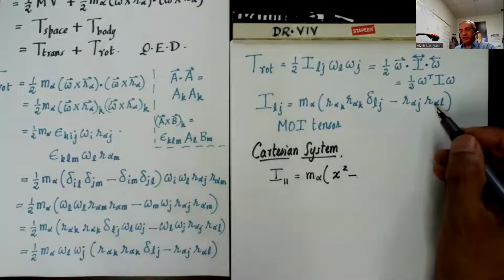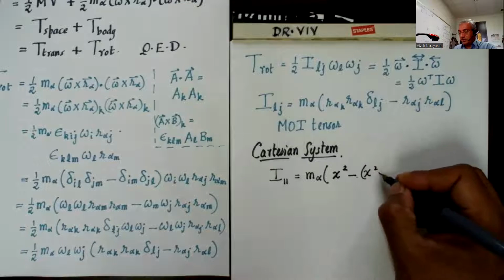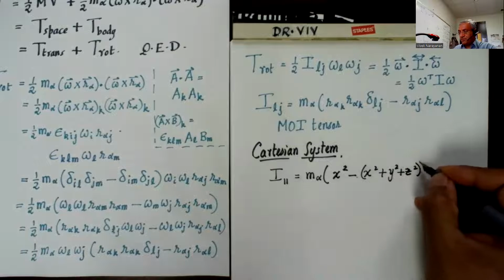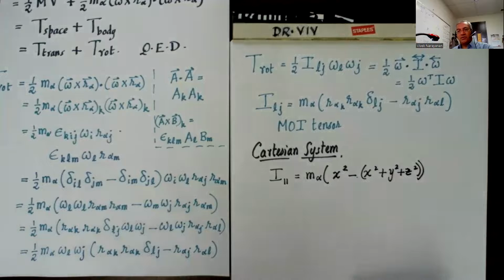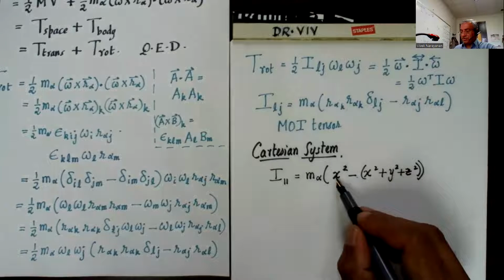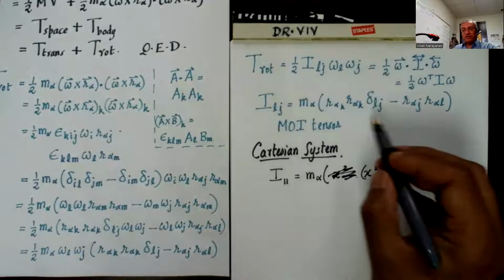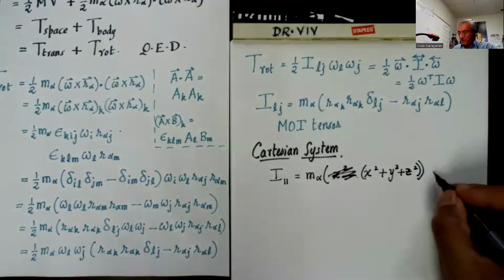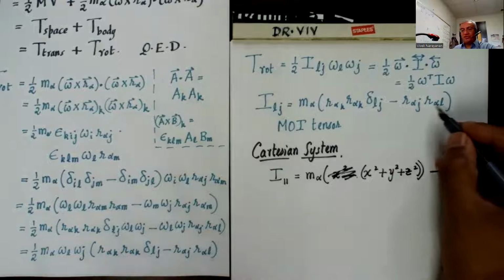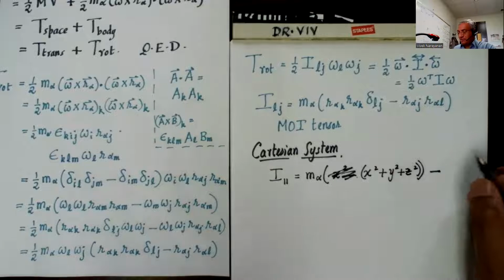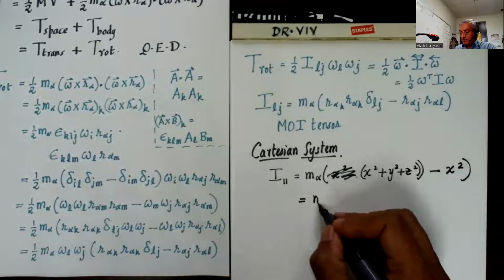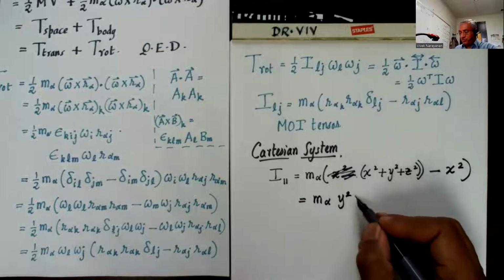So that's basically x squared plus y squared plus z squared, which is R alpha k times delta 1,1. And this one, because this is not summed over, is just going to be x squared. So this is just m alpha times y squared plus z squared.